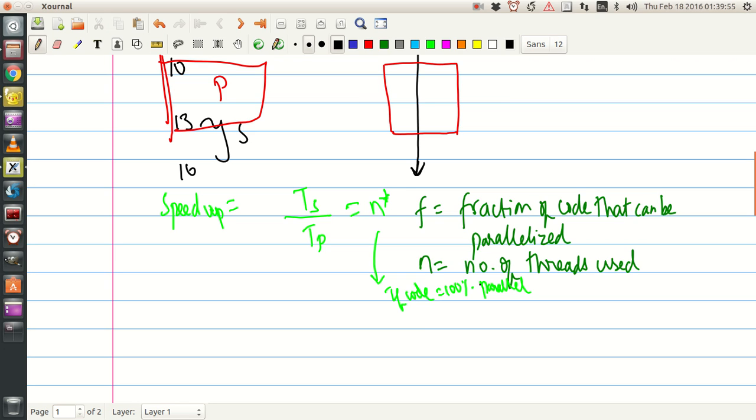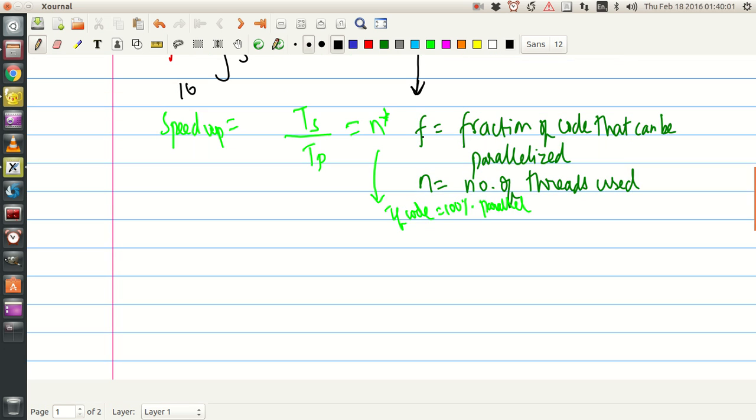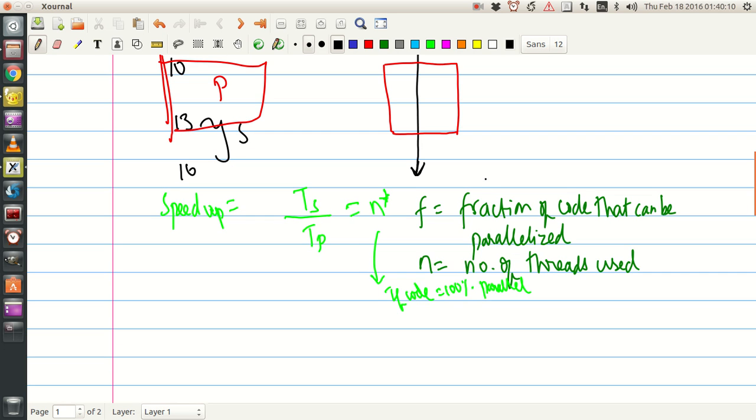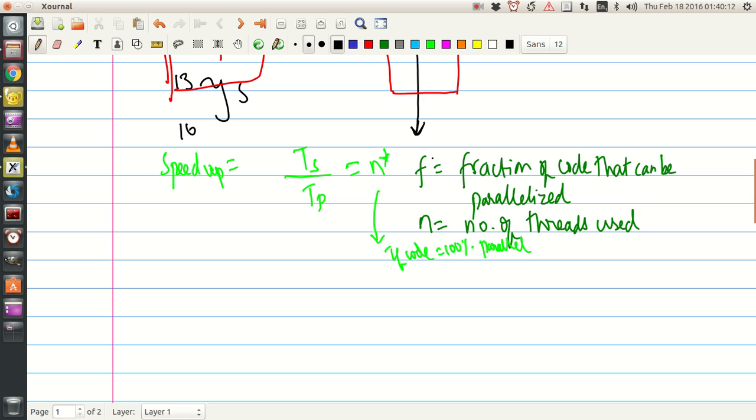So to understand, at least from first principles, how that can be modeled, we use a quantity called f. f is the fraction of the code that can be parallelized. It's a dimensionless value whose value ranges between 0 and 1.